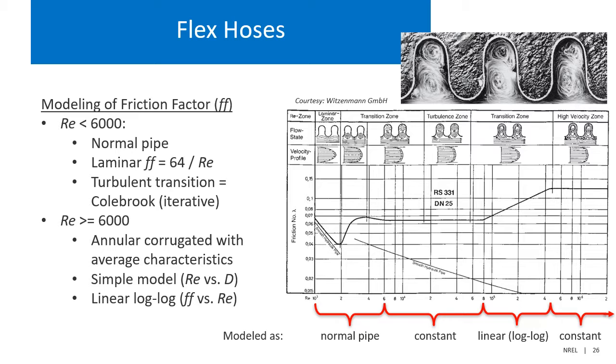Above a Reynolds number of 6,000, the friction factor is kept constant until a second transition zone, which is around 80,000, depending on the flex hose. Between this number and a Reynolds number of about 500,000, the friction factor has a linear log-log relation with the Reynolds number. And above this, the flow enters another steady state regime termed the high velocity zone, and the friction factor is modeled as a constant again.